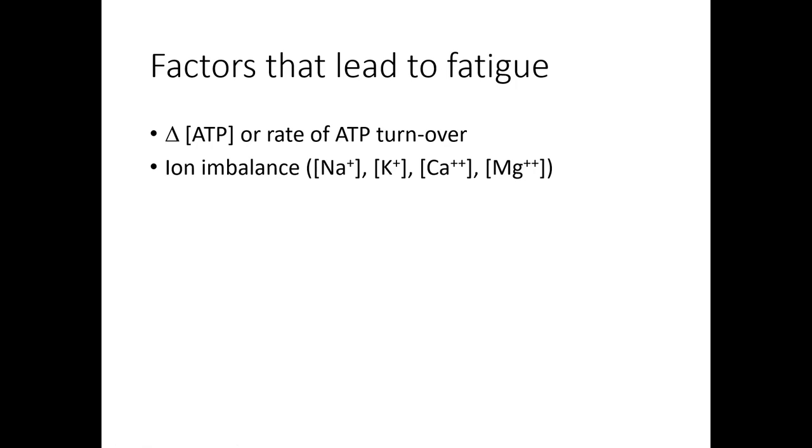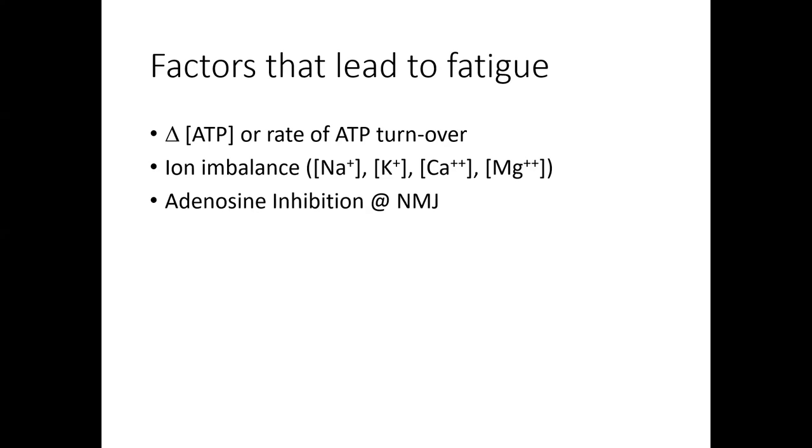Any ion imbalance that takes place, whether it is sodium, potassium, calcium, or magnesium, is going to reduce either the ability to get to threshold or have the interactions between the filaments taking place, in between the actin and the myosin.